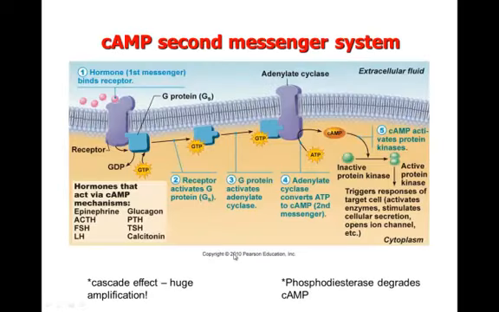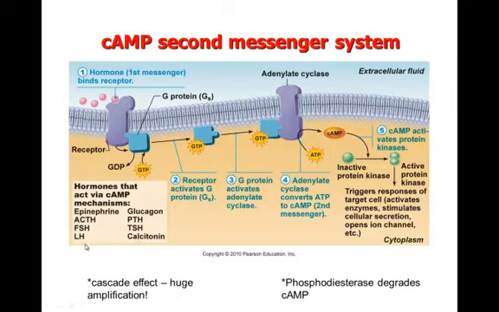It's a little complicated, but if I am a protein-based or amino acid-based hormone, I can influence a cell this way. This is a list of different types of hormones that use this cAMP second messenger system to influence their target cells.